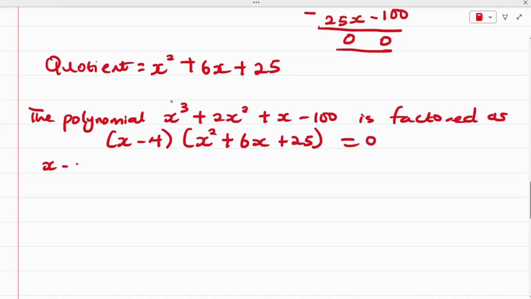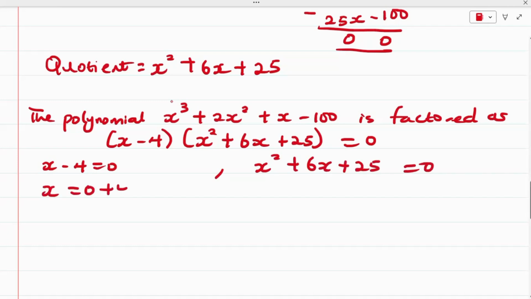So we have x minus 4 equals 0 and x squared plus 6x plus 25 equals 0. So from here we have that x is equal to 0 plus 4, and x1 is equal to 4. So I'm going to call this the first value of x.